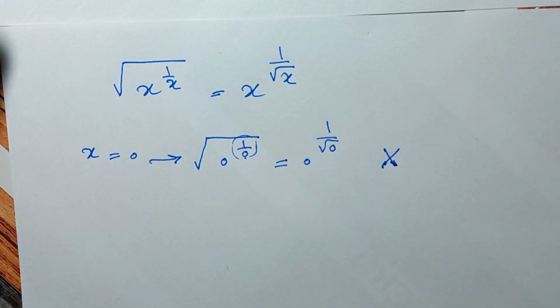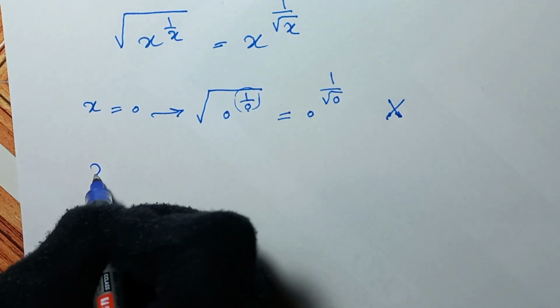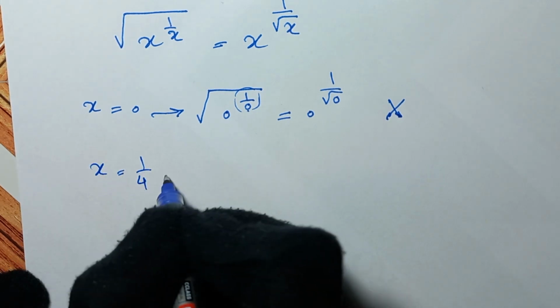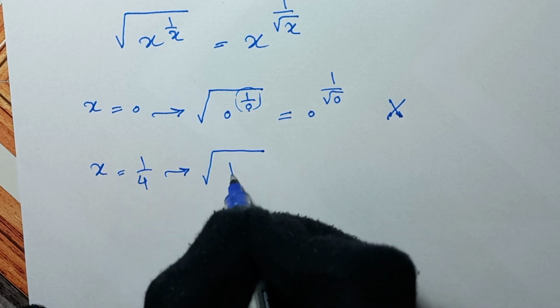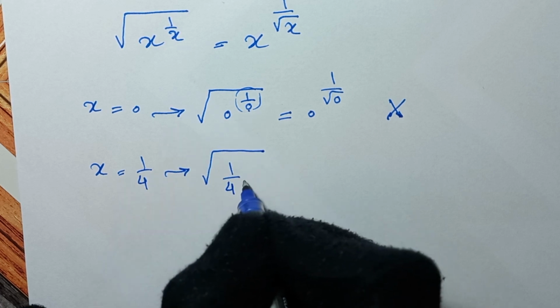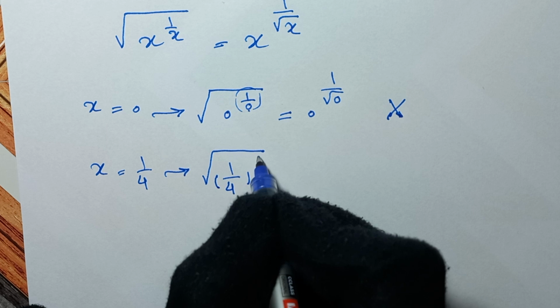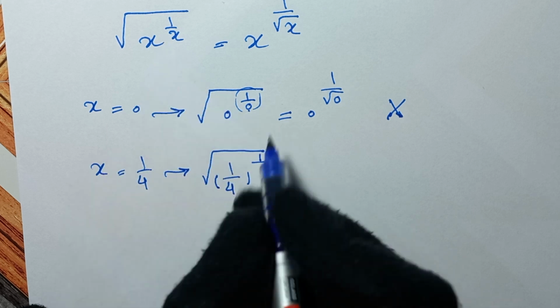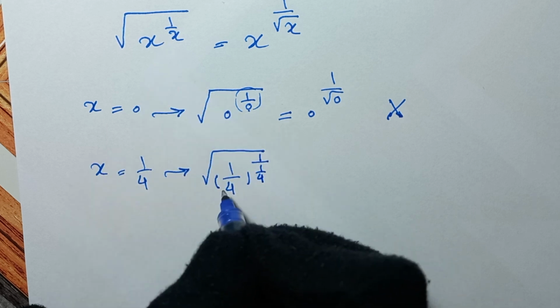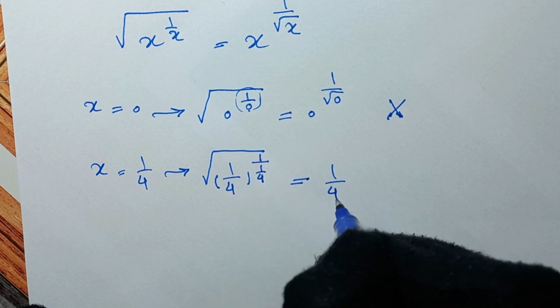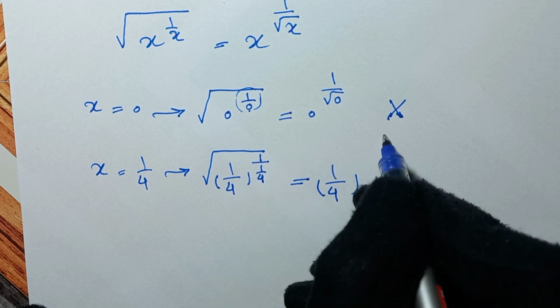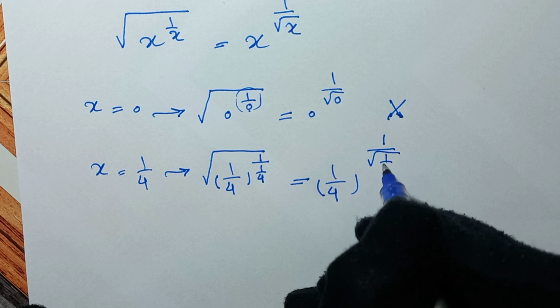So, and for x is equal to 1 over 4, we check for this square root of x is 1 over 4 to power of 1 over x, which is 1 over 1 over 4, right, is equal to x, 1 over 4 to power of 1 over square root of 1 over 4, right?